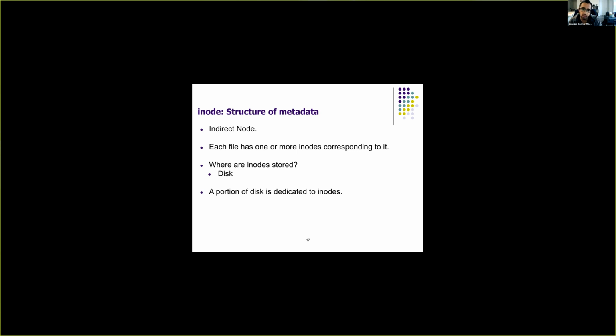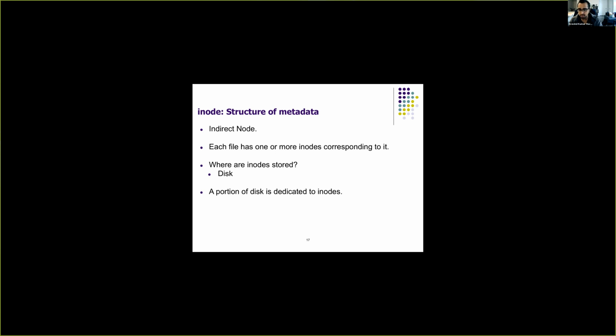And where are these inodes stored? Again on disk, because as I mentioned before, the data stored on the disk is persistent, right? If inodes represent the metadata of the file, we better store the metadata on the disk as well, so that when the system reboots, we are able to restore the file system. So inodes are also stored on the disk.